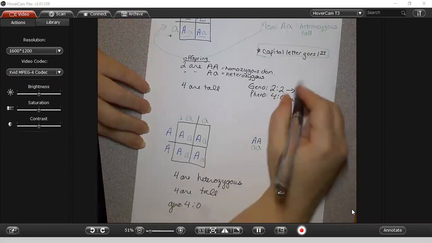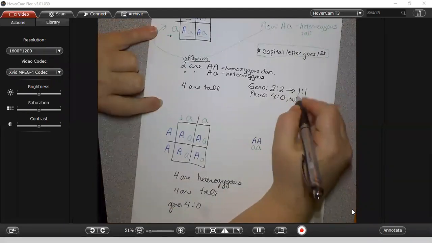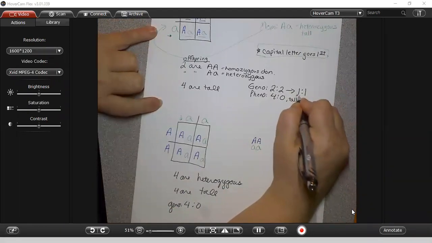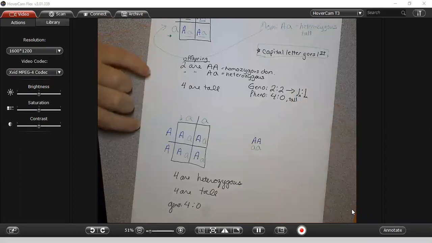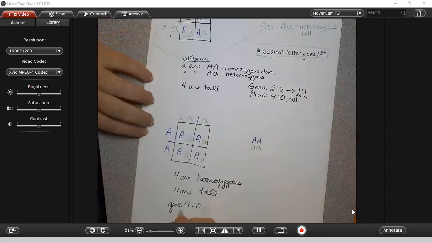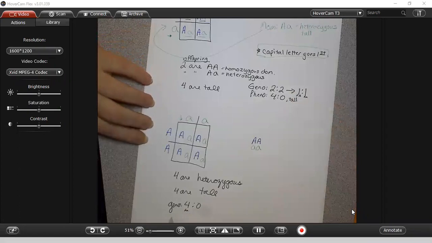On the genotype, I will generally write underneath what the genotype is. So 4 are heterozygous, nothing of anything else. Phenotype, 4 to 0 tall.